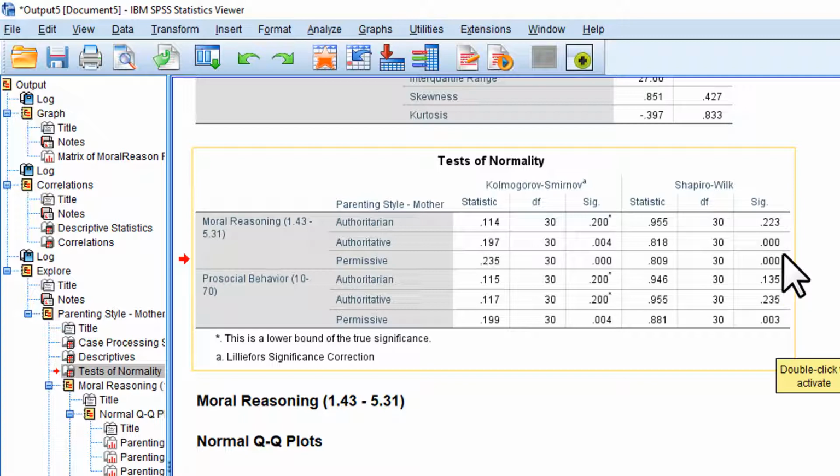So in this case, as we can see, for moral reasoning, it's normally distributed for authoritarian group, but not for authoritative and permissive. In terms of prosocial behavior, the authoritarian and authoritative group are normally distributed, but not permissive group.